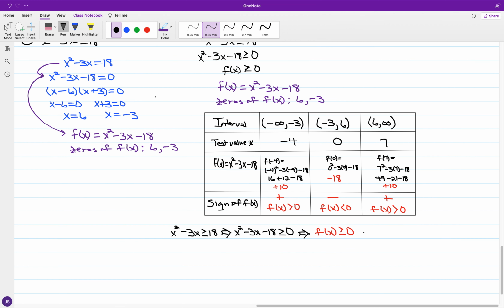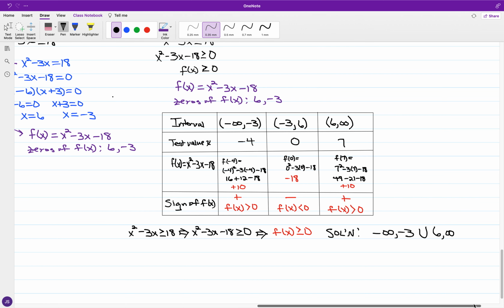And for the solution, greater than or equal to 0 is the same direction as greater than 0. So we have negative infinity to negative 3, and also 6 to infinity.